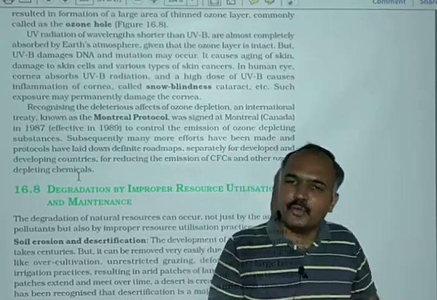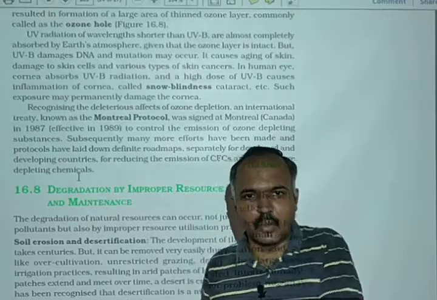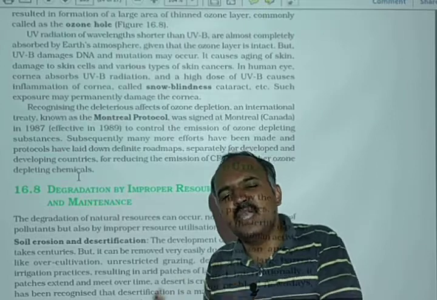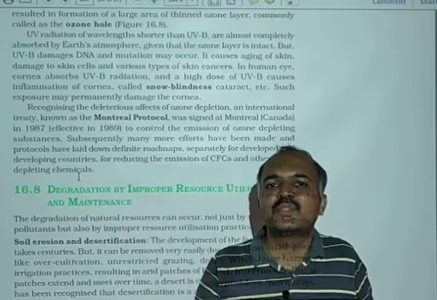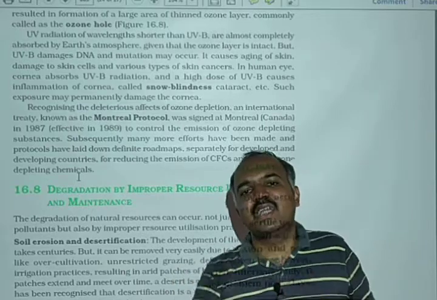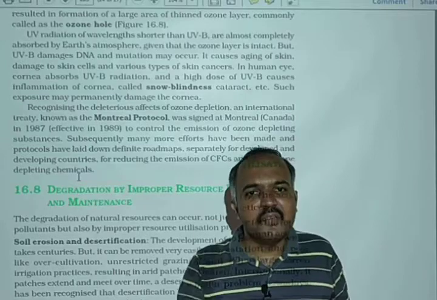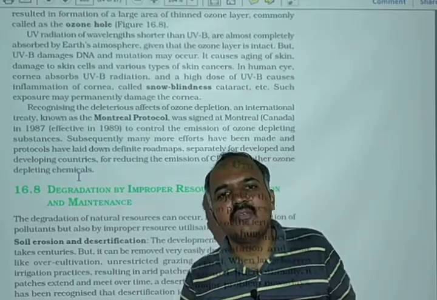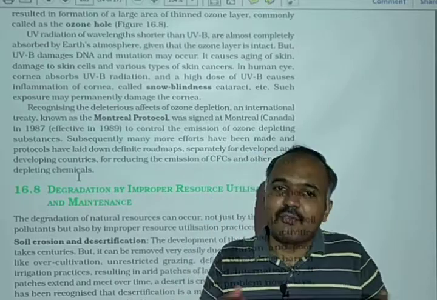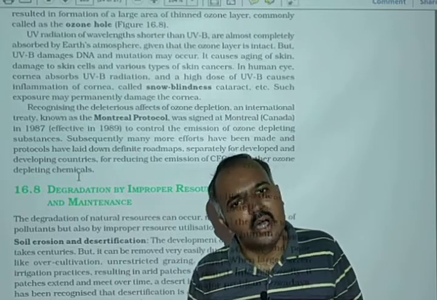Those with shorter wavelength than UVB are completely absorbed in the stratosphere if the ozone layer is intact. But when the ozone hole is there, all UV radiations will come to the Earth's surface.